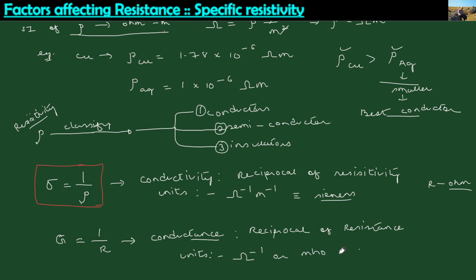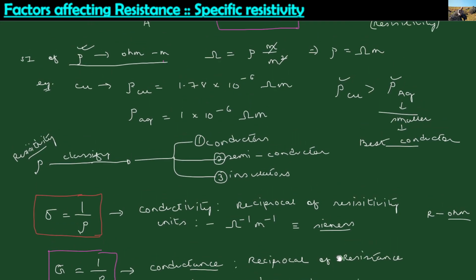So these are some of the features that you need to have a clear concept about what this resistivity is. This resistivity is the foundation for understanding the concepts of materials. Materials are classified into different types.